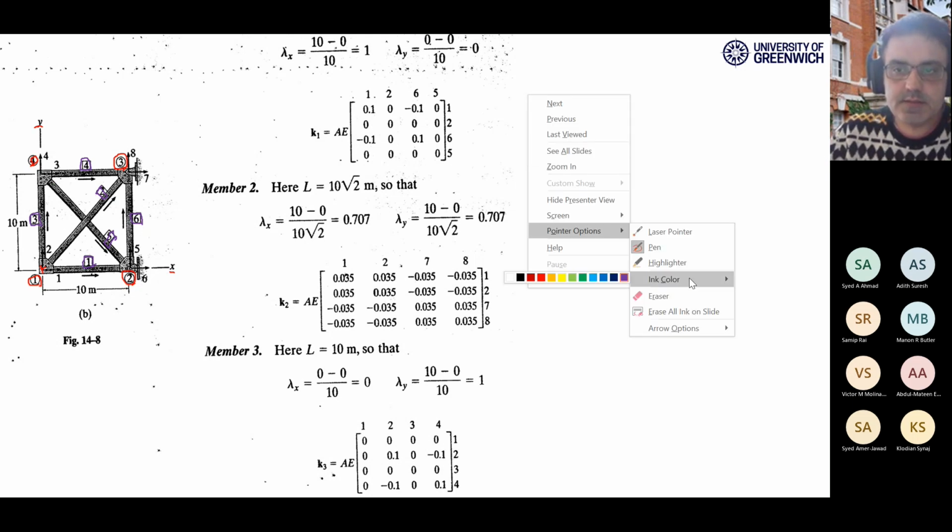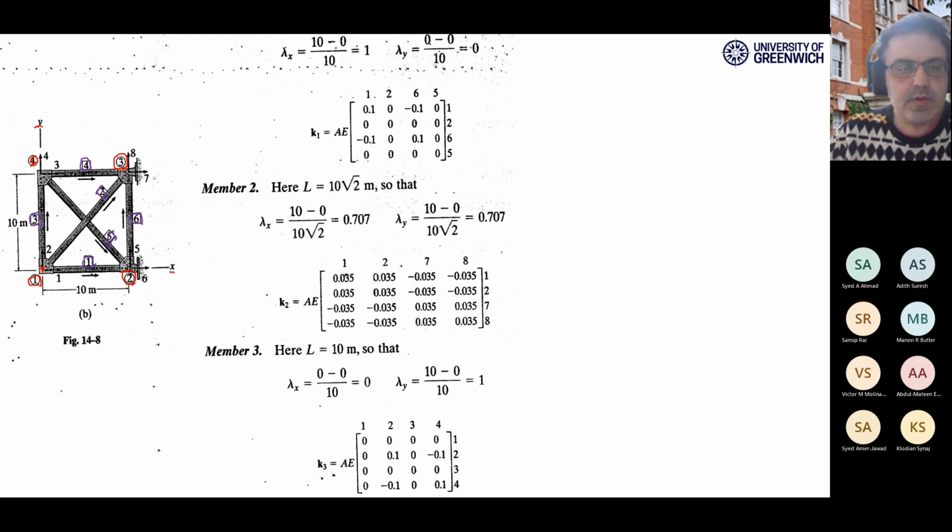Here I'm using red for joints, purple for elements, and green for degrees of freedom.